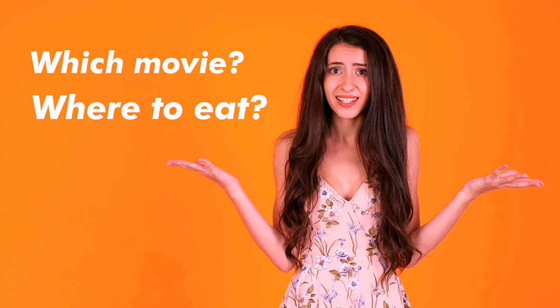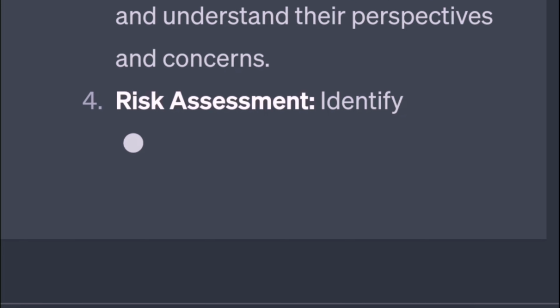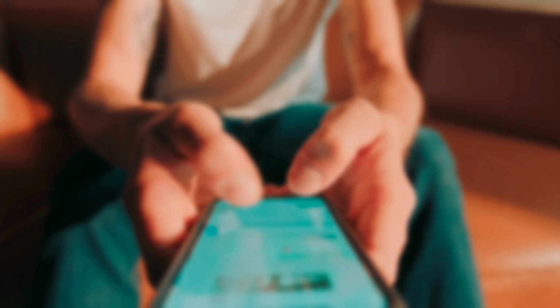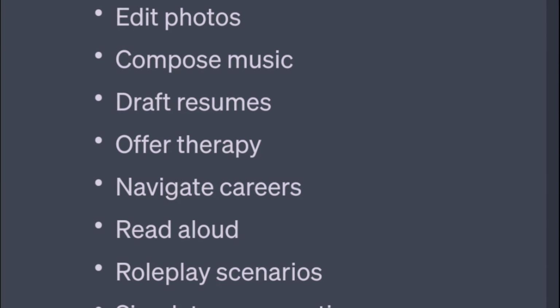If you're torn between options like which movie to watch or where to dine, ChatGPT can offer recommendations. It can even help with more complex decision-making processes by offering an intelligent and measured approach. Emotional support. While it's not a substitute for professional help, it can offer a listening ear and some comforting words if you're feeling down. These are just some examples because the list is literally endless.